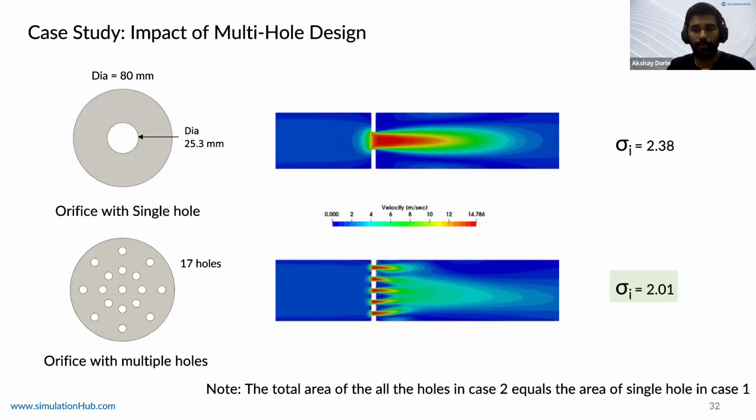I'll add one more point. Let's see if that brings more confusion or clarity. In both the cases, we have maintained the same upstream pressure and the same downstream pressure. So what will happen to sigma, the operating cavitation index, not the incipient one?